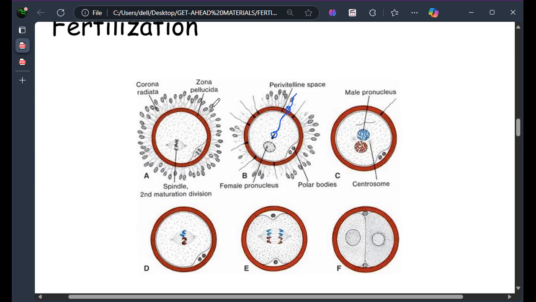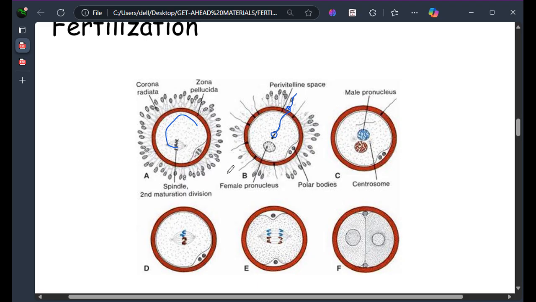One thing I forgot to mention: as the sperm is binding to this zona pellucida, or rather the whole oocyte, that's when the second arrest is lifted. So this oocyte will be moved from its second arrest, and the process of meiosis will continue and finish.